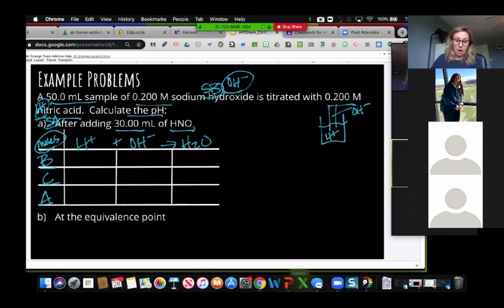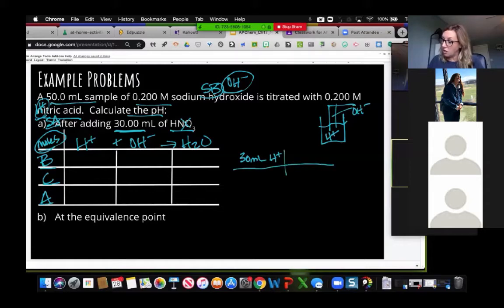Okay, so to figure out the H plus, I have to look at how much nitric acid I have. So I have 30 milliliters of HNO3. I'm just going to call this 30 milliliters of H plus, because I don't care about the NO3 because that's not going to affect the pH.